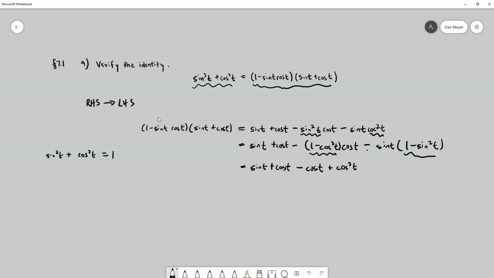And then I get minus sine t minus a negative sine cubed t. And now we get some things that cancel. Sine t and minus sine t, cosine t and minus cosine t. And so we have cosine cubed t plus sine cubed t, which was essentially what we were supposed to get anyways.